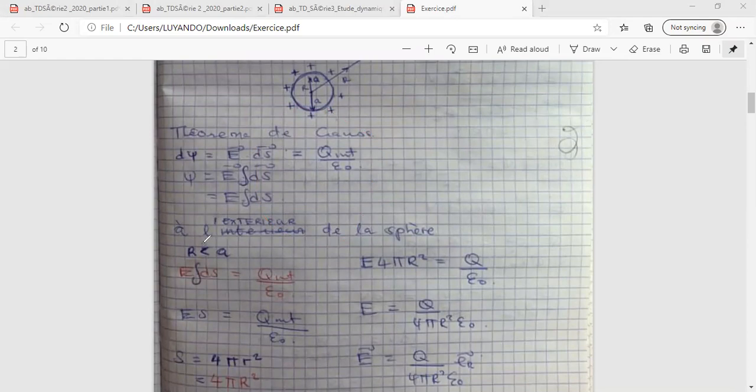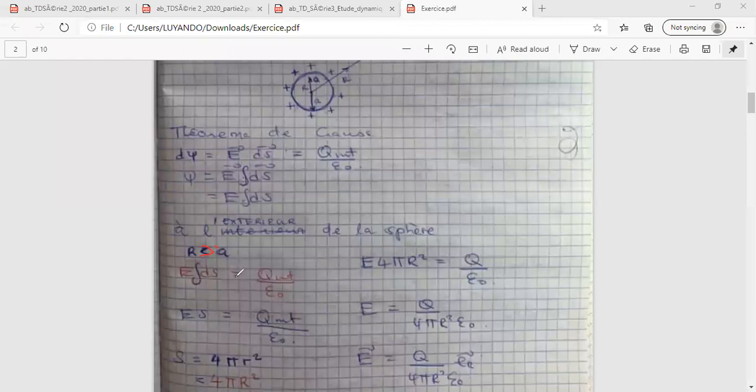I hope you guys can see what I'm doing. Our r is greater than A in the exterior, because we're finding it from outside. So at the exterior of the sphere, our r is greater than A. So we're going to have the integral of E dS equals Q, the charge, over epsilon 0.